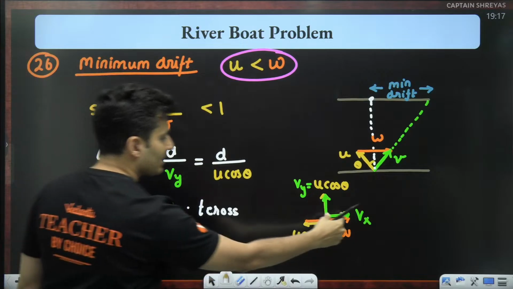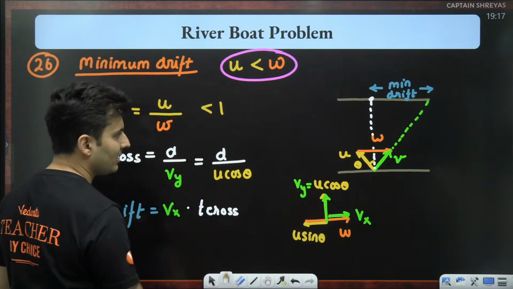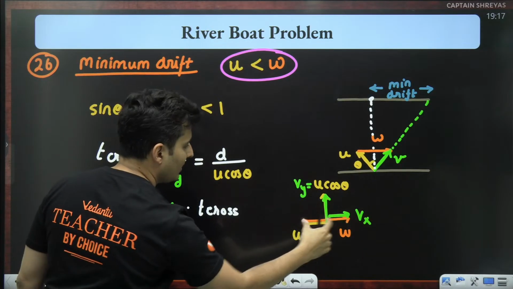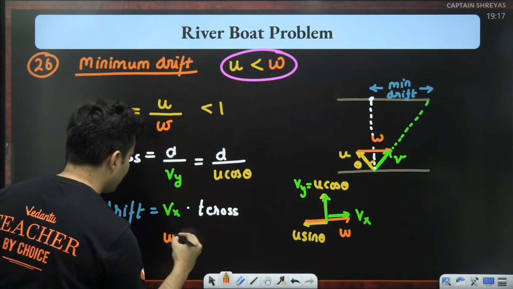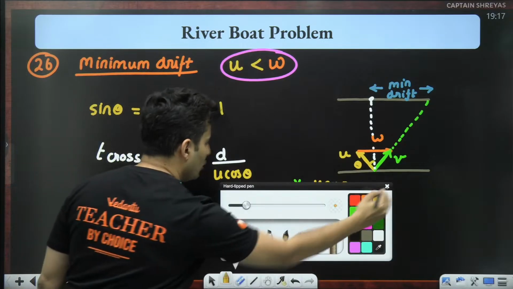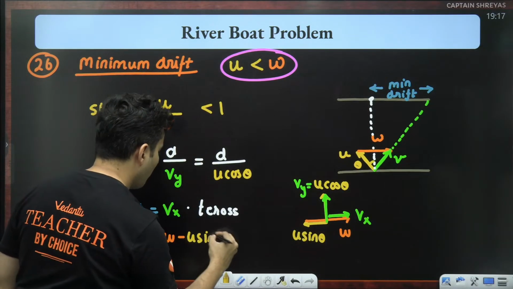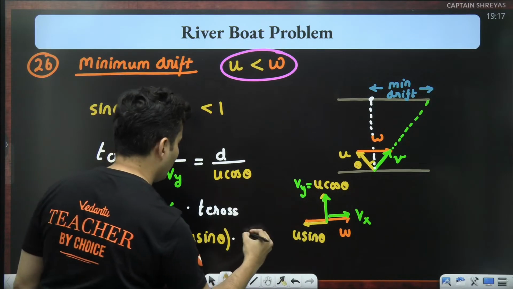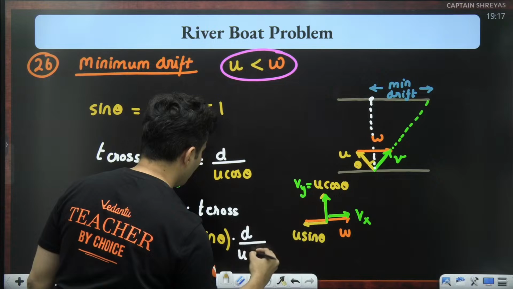Now, what is Vx? Vx is W minus u sine theta. You can see that right over here. It is this big minus this small thing. So it is W minus u sine theta, and your time taken to cross was d divided by u cos theta.